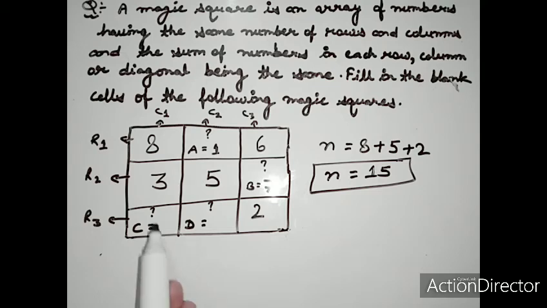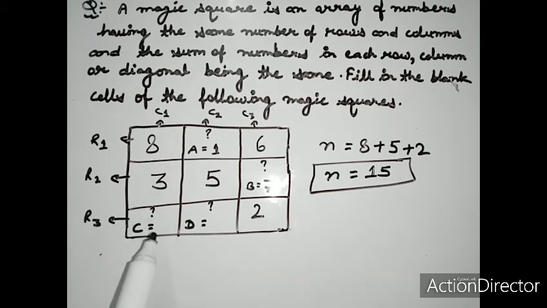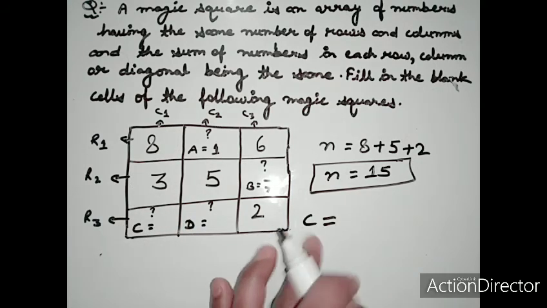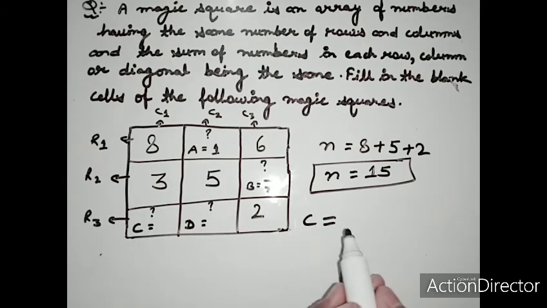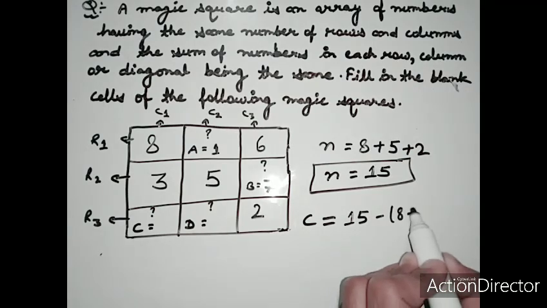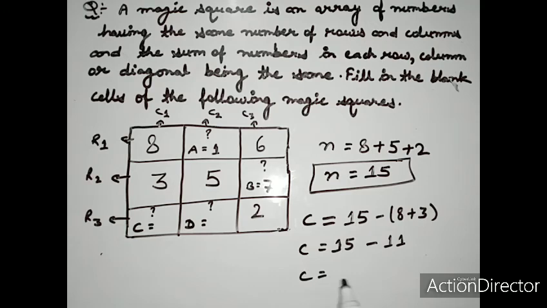Now we apply the same rule to find c. Here we use the column method. So c equals, and we add these two numbers given in column 3, 8 and 3. Now we write 15 minus 8 plus 3, and 8 plus 3 equals 11, and here we get c equals 15 minus 11, which is 4.